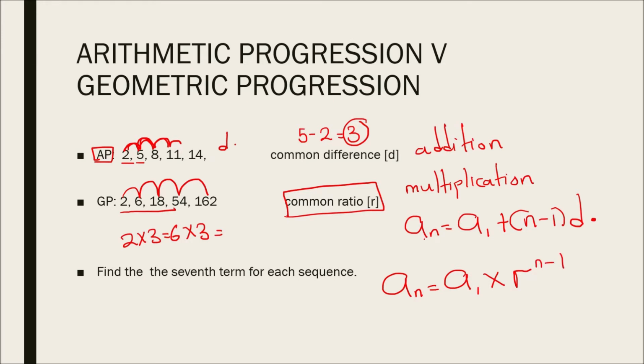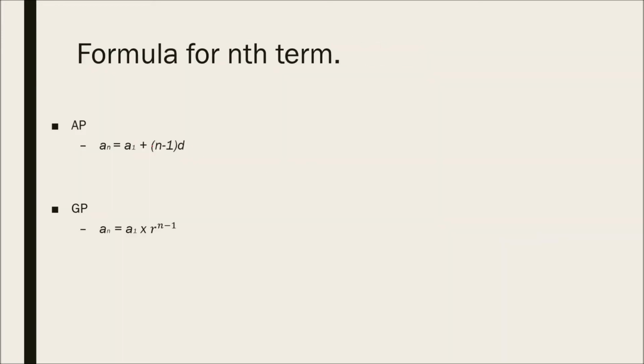For an arithmetic sequence, we're adding, so it's a1 plus (n minus 1) d. But for a geometric sequence, it's a1 times r to the power n minus 1.